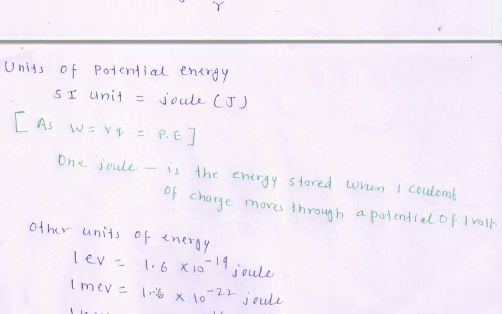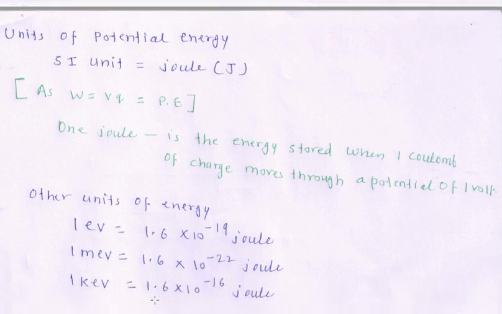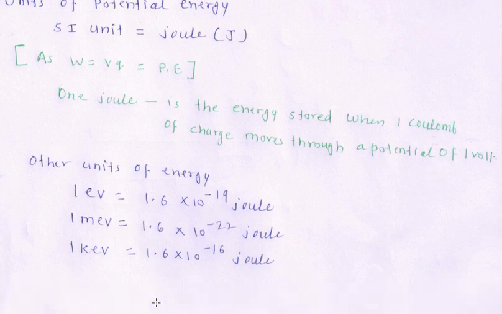Other units of energy are 1 electron volt, which is equal to 1.6 into 10 raised to minus 19 joule, 1 milli electron volt, which is 1.6 into 10 raised to minus 22 joule, and 1 kilo electron volt, which is equal to 1.6 into 10 raised to minus 16 joule.